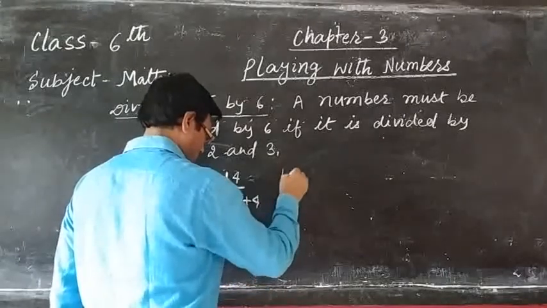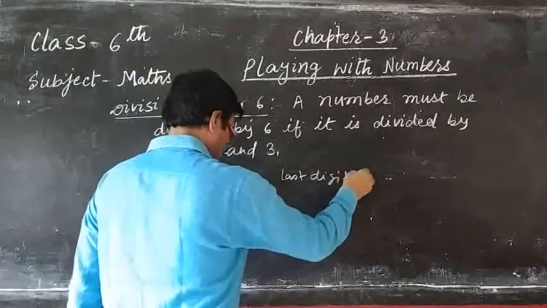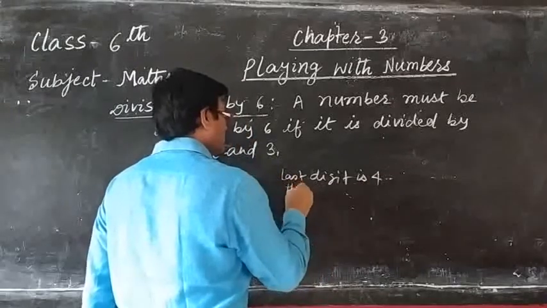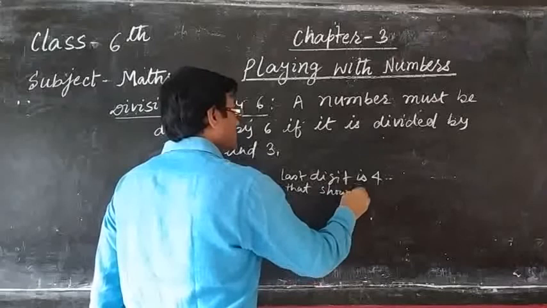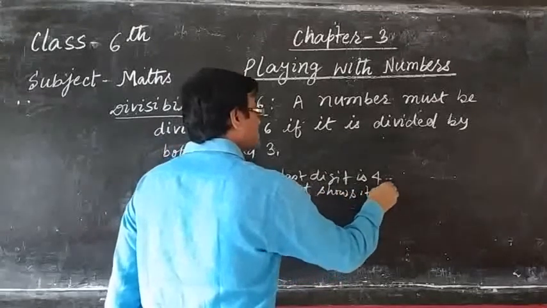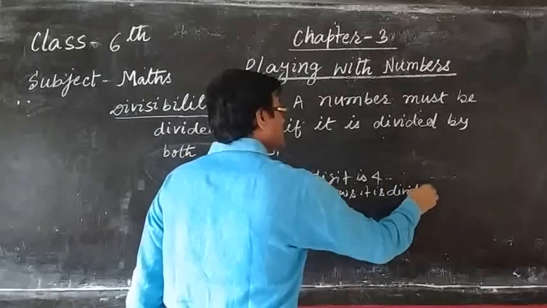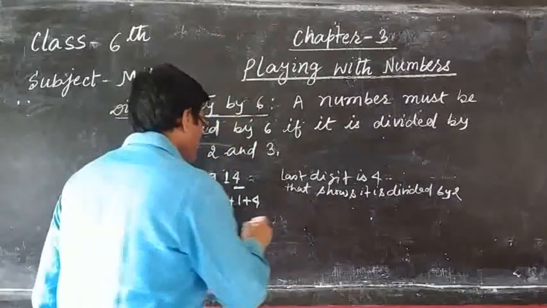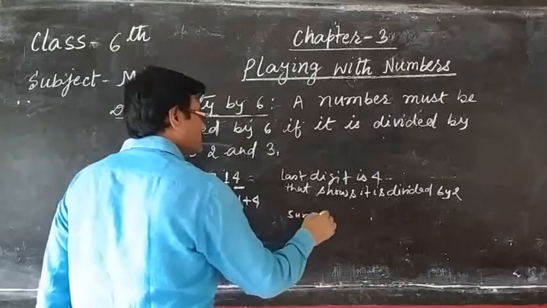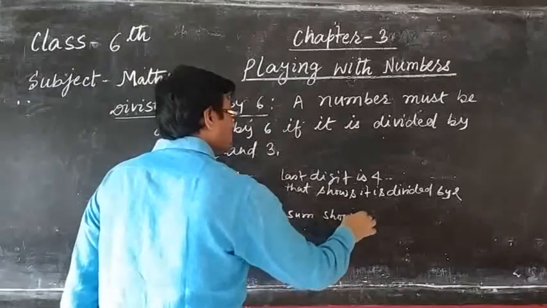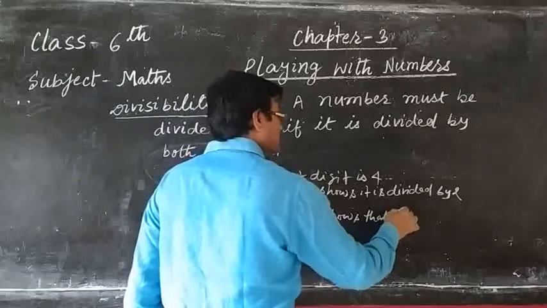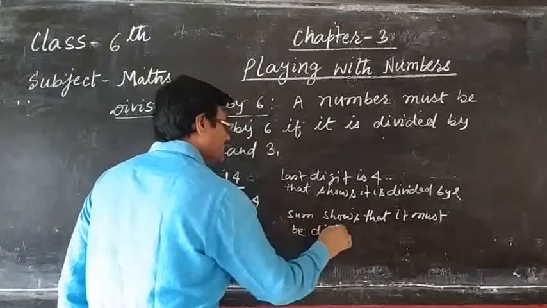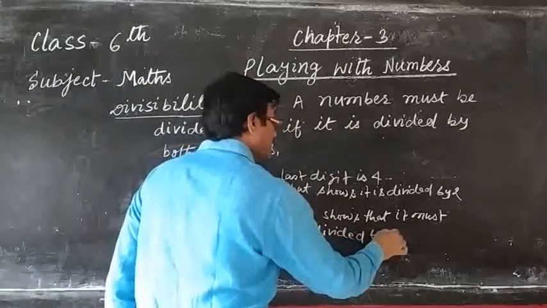Last digit is 4. That shows it is divisible by 2, and the sum of these numbers shows that it must be divisible by 3.